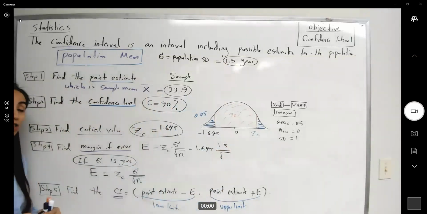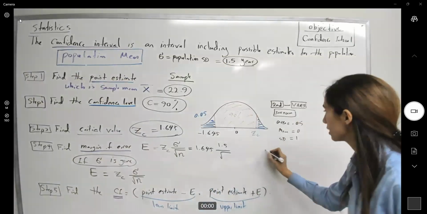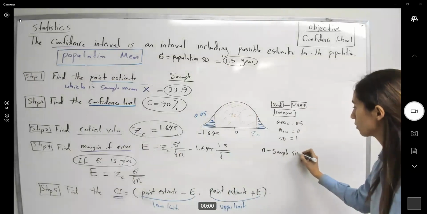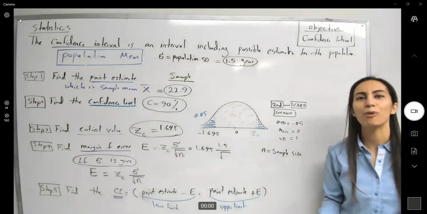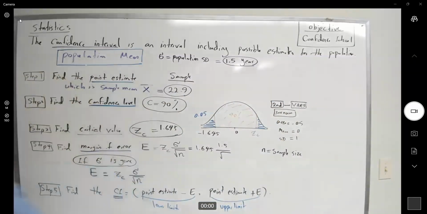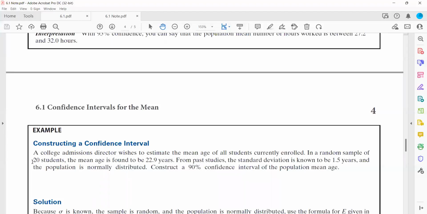What is the definition of n? N is my sample size. How many students were in that sample? 20. Very good. Take a look at the question. 20 students, so the sample size is just 20. Well done, everyone.